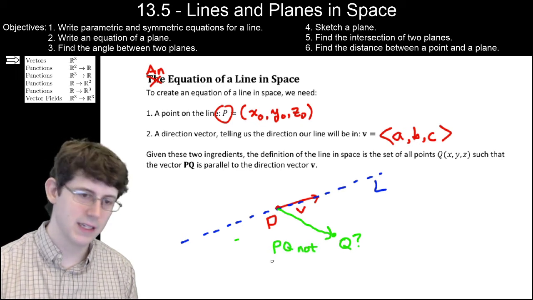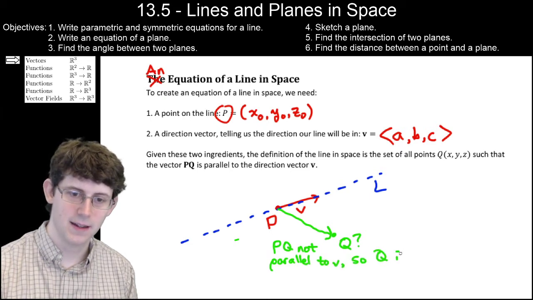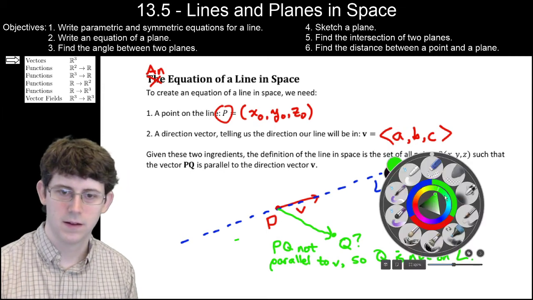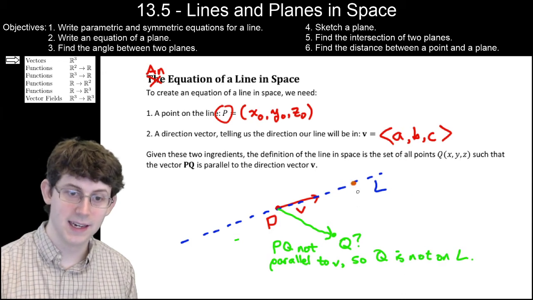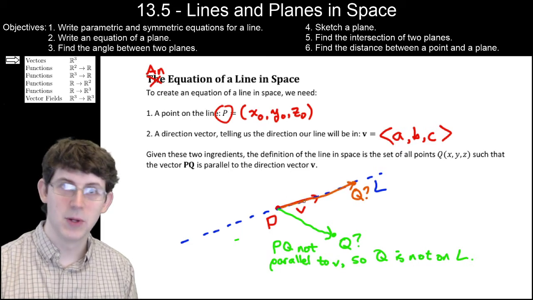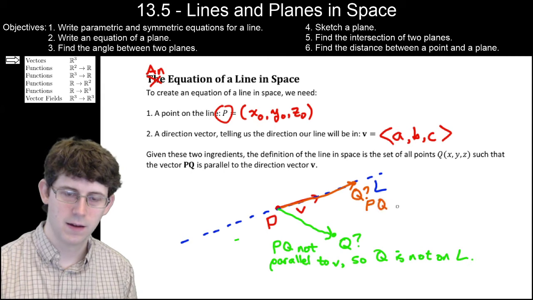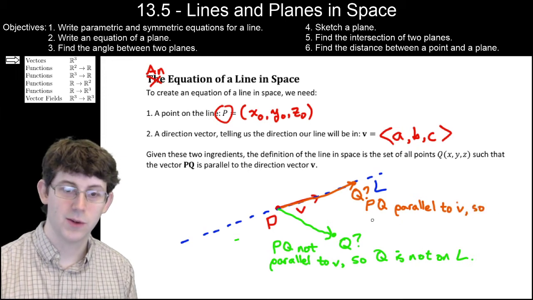This one, PQ, is not parallel to v, so Q is not on the line. Let's get a different color. If I pick a point that is on the line, now the vector PQ is just a multiple of v. So Q is on the line.